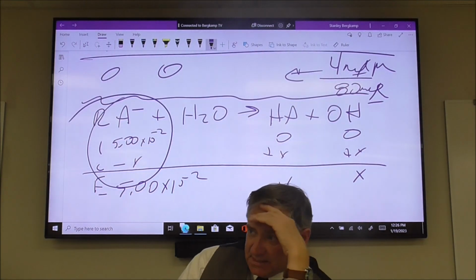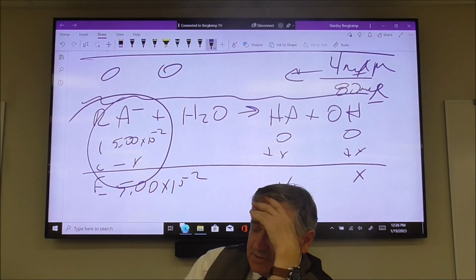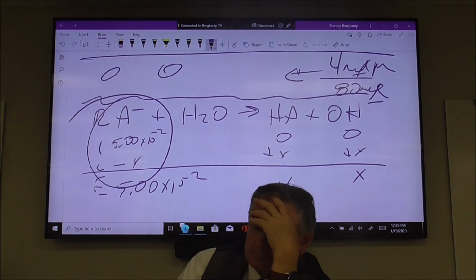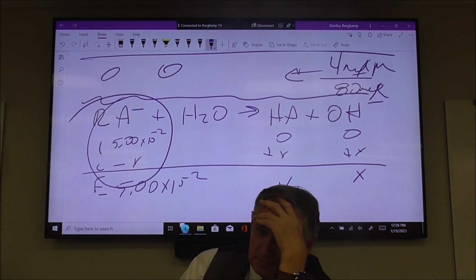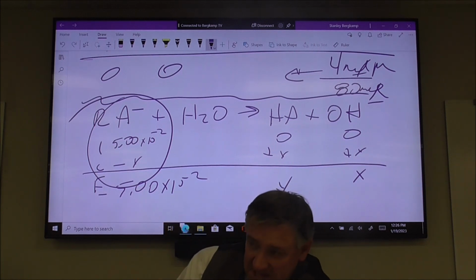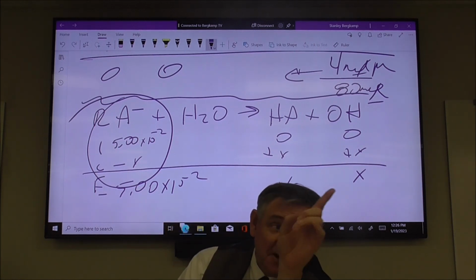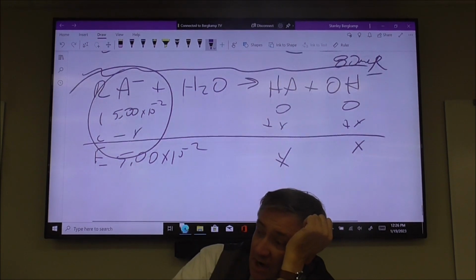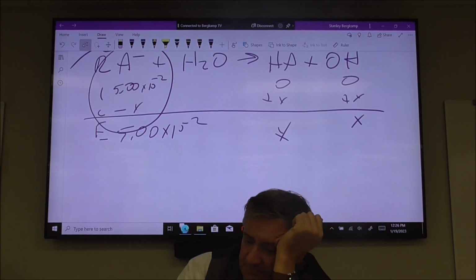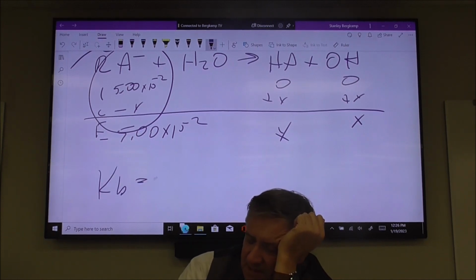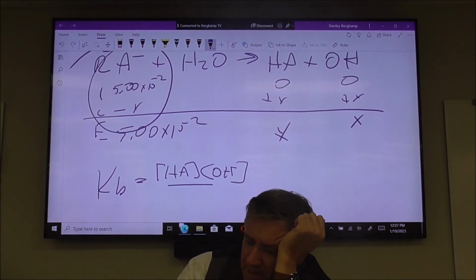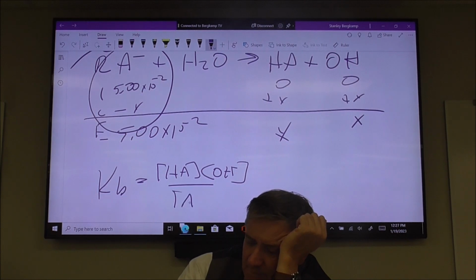Now, here is the Kb kicker. This is acting as a base, so you have to use the Kb value. But do you have the Kb value? No, but you have the Ka value. And knowing the Ka value, you can find the Kb value. So, another step that you need to do is you realize Kb is going to equal HA times OH divided by A, right?